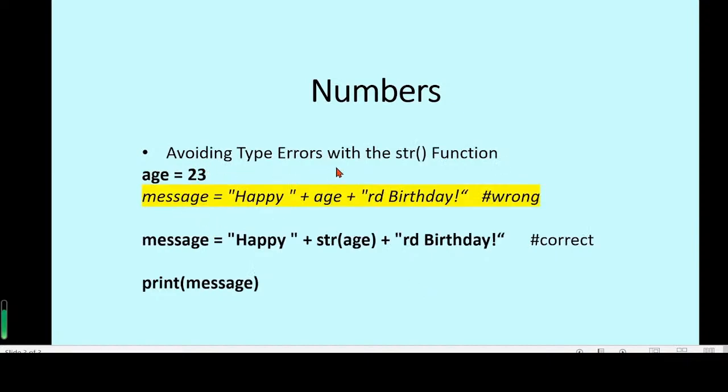And avoiding type errors with the str function. So age is 23. Next, if we create a string variable called message equals happy plus age plus birthday, then it will have an error because Python does not allow you to add a numeric variable with a string directly, so you have to transform this numeric variable to the string type before adding together.